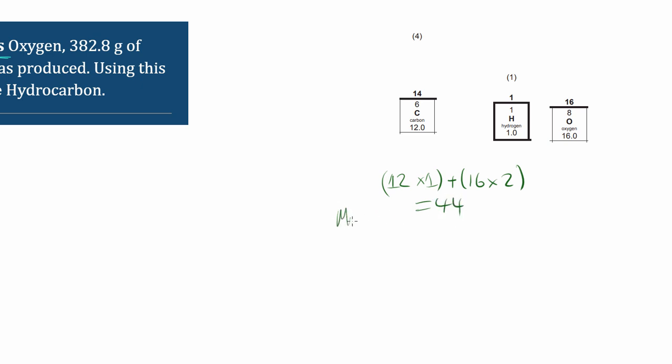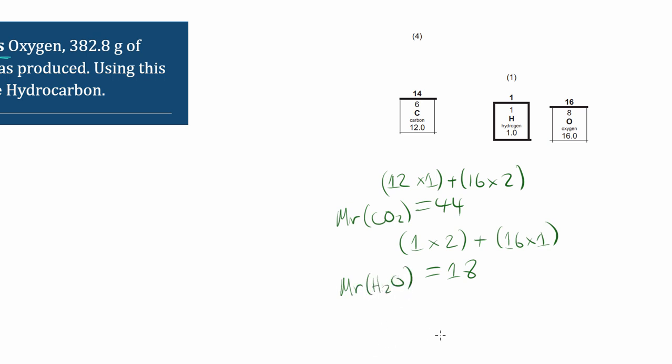So therefore the Mr for CO2 is 44. And for H2O, hydrogen occurs twice, so that's 1 times 2, plus the occurrence of oxygen, 16 times 1, since in H2O the O occurs once, and that gives us 18. So the Mr of H2O is 18. We've got the molar masses now of both.